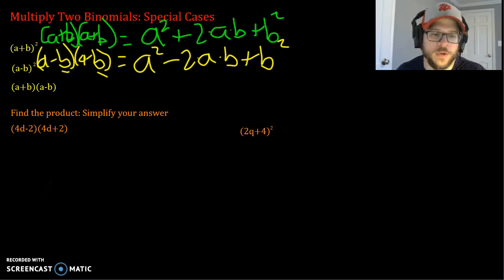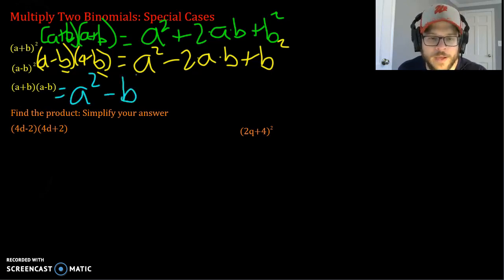For your last one, you're multiplying the same terms, but the only difference is that they are being added for the first one and subtracted for the second one, or vice versa. It could be subtract first and then addition next, but they're the same terms. This one is going to have fewer terms, so you take your first term and square it, and then you subtract your second term squared.